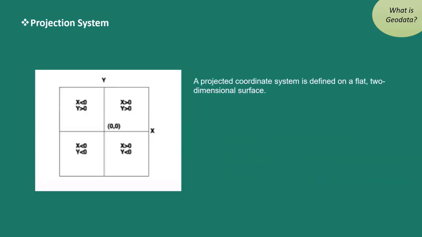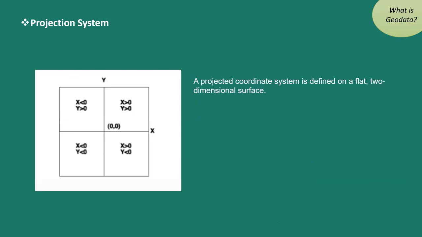Just to point out the projection system: the projection system is very important because the process is done before pointing a pair of coordinates on the map. The Earth is a sphere. Actually, it's not a real sphere, it's kind of an oval shape.